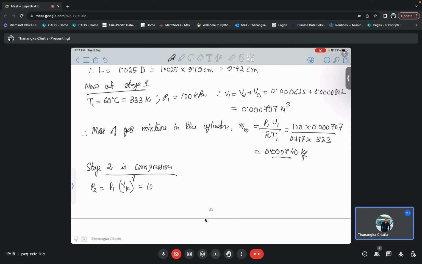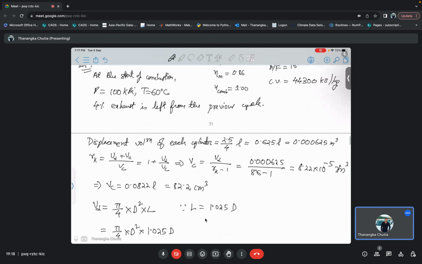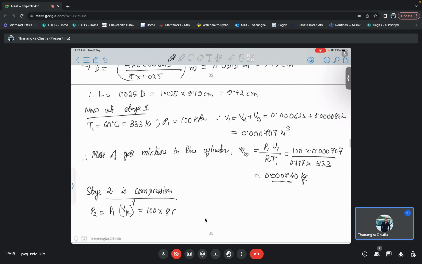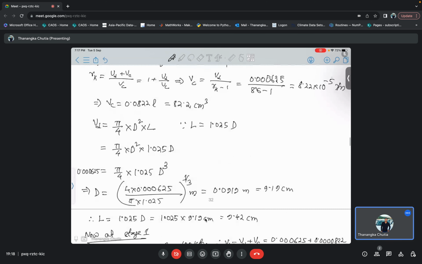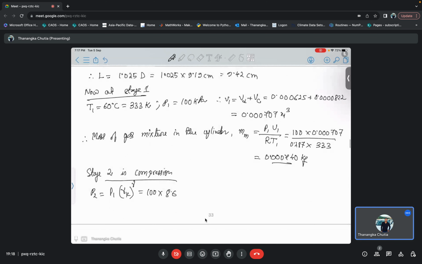P1 is 100, Rk is 8.6, and what is gamma? Gamma is 1.35. 100 into 8.6 to the power 1.35. So this one you will get as 1826 kilopascal.